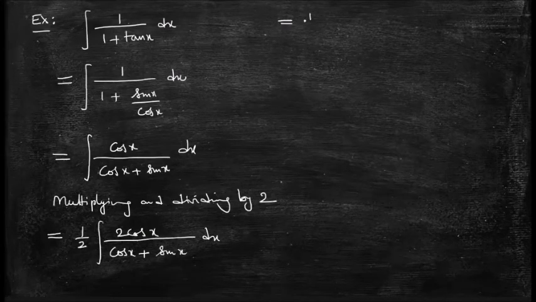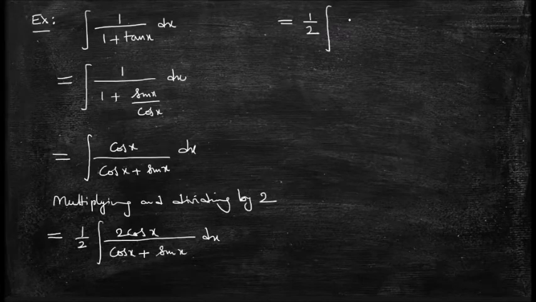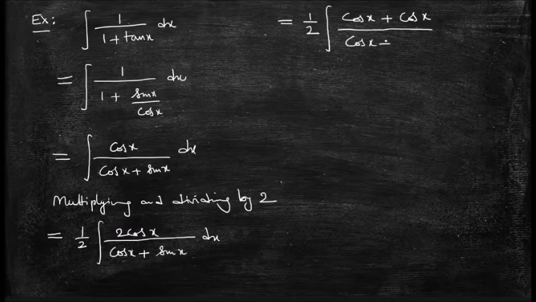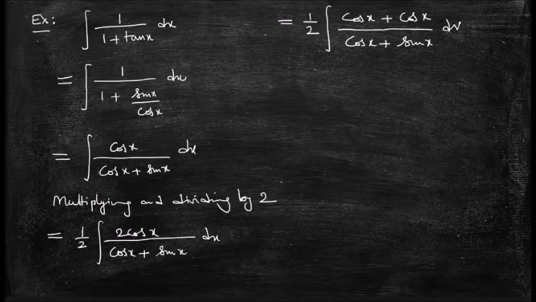Now I am writing 2 cos x as cos x plus cos x by (cos x plus sin x) dx.